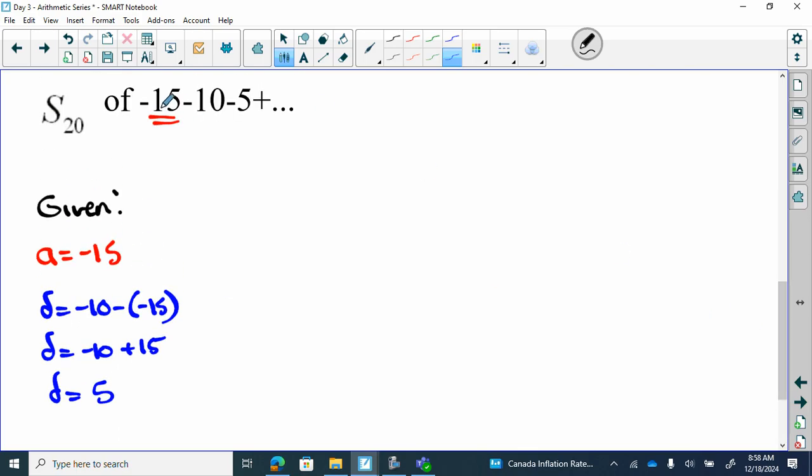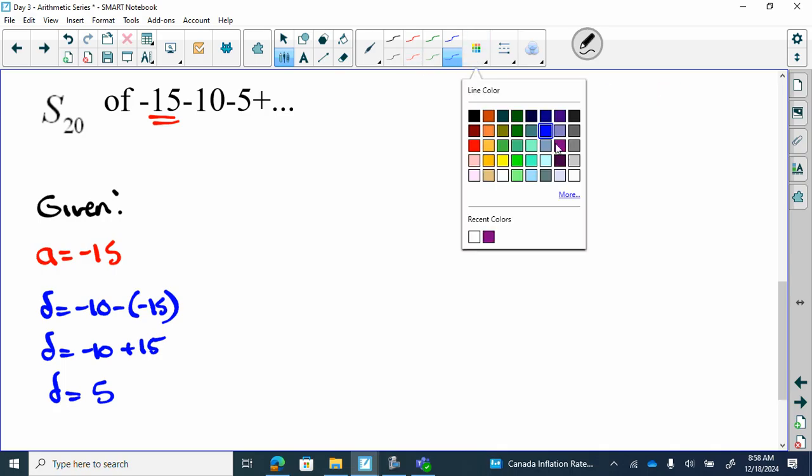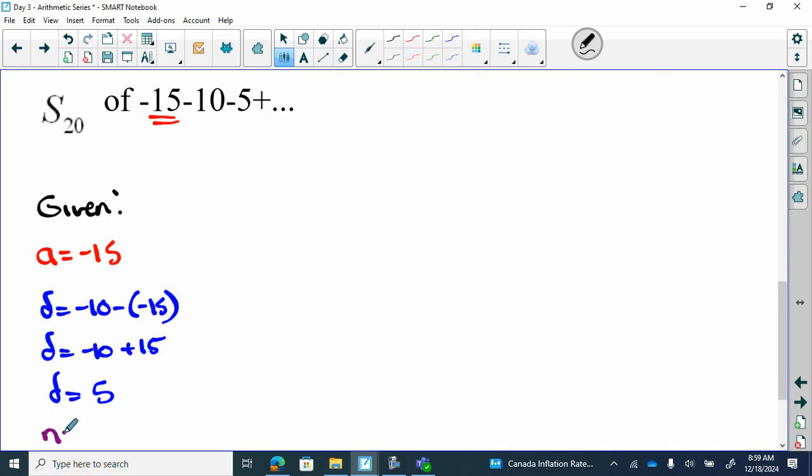Some people struggle with that. I'm adding 5. Negative 15 plus 5 would give me negative 10. Plus 5 would give me negative 5. Plus 5 would give me 0. And then it's going to go 5, 10, 15, 20, 25, 30, and so on. I want to add 20 terms. It wouldn't be that difficult for you to generate the first 20 terms and then just add them all up. I know that n equals 20.